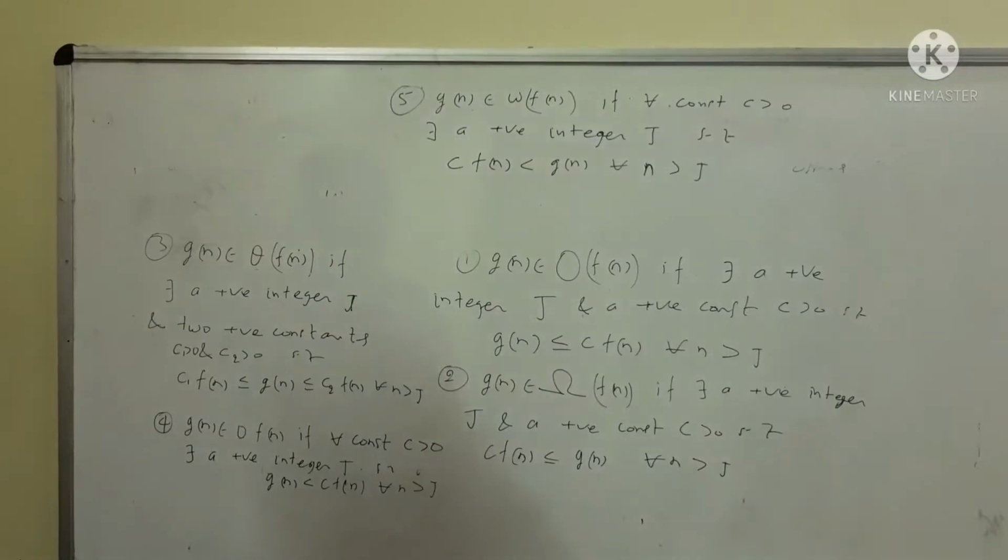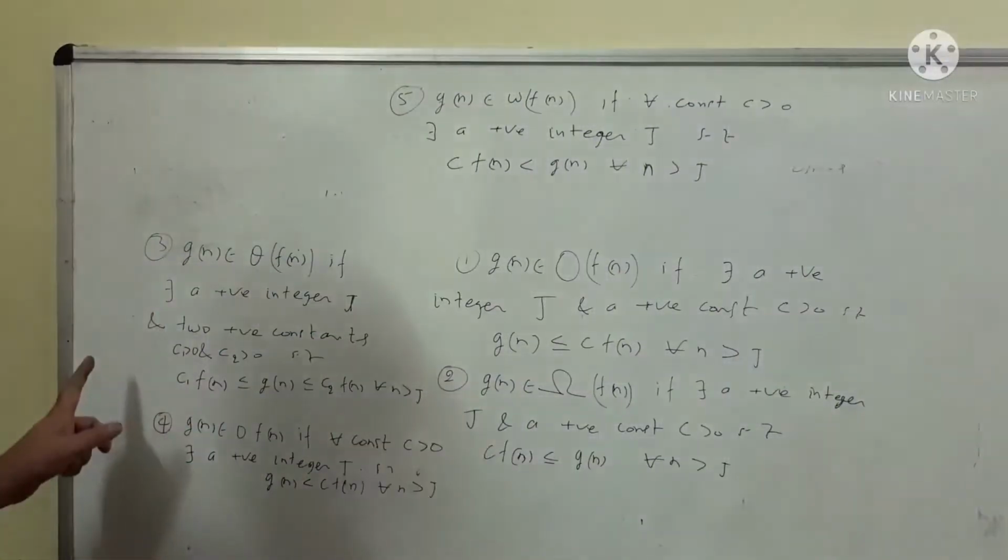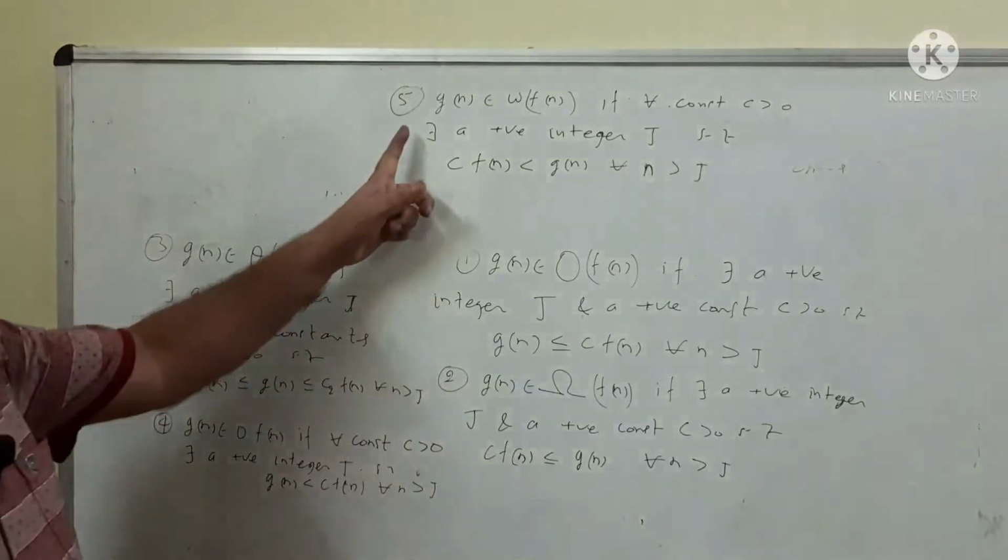These are 5 notations: big O, big omega, theta, little o and little omega.